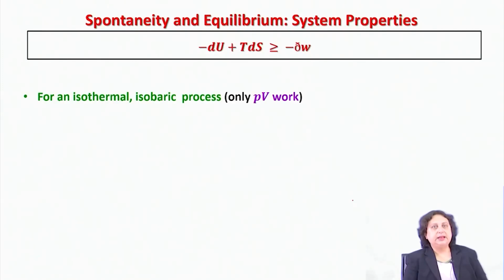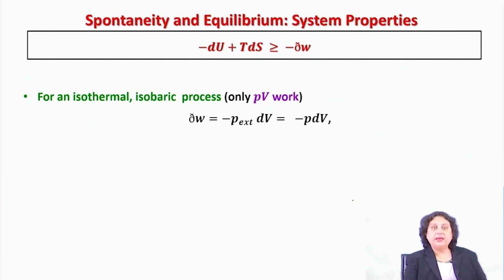Now let us take an example which takes an isothermal isobaric process and only pressure volume work is involved and there is no additional work done. Under such condition, I can always say that dW equal to minus P external dV as before.